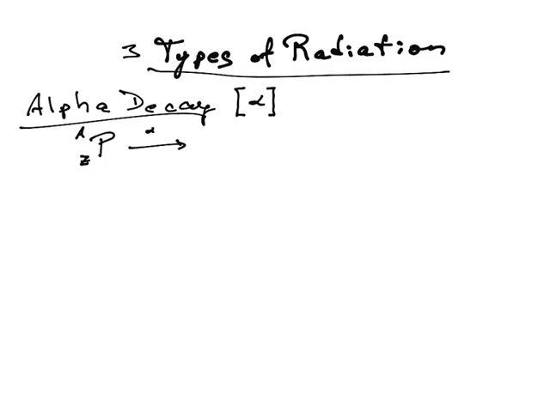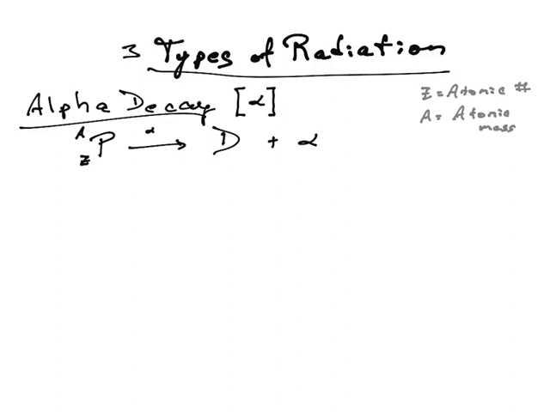So here, Z is atomic number, and A is atomic mass. And of course, atomic number is the number of protons in the nucleus. The atomic mass is the number of protons plus neutrons together. So you have a parent, it decays, and it decays into some daughter and an alpha particle.